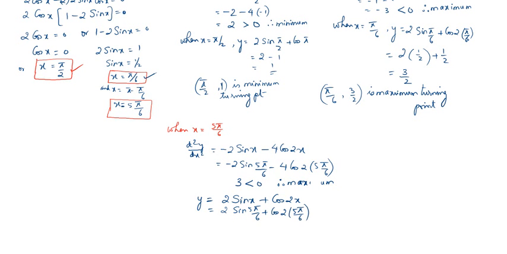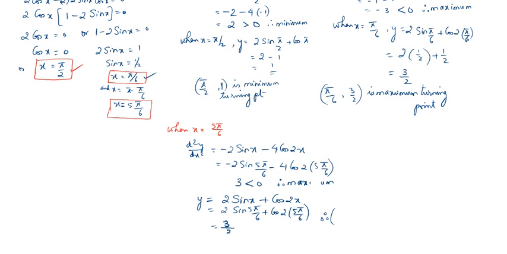I will use the calculator and tell you the answer. It is 1.5, which means 3 by 2. So 3 upon 2.